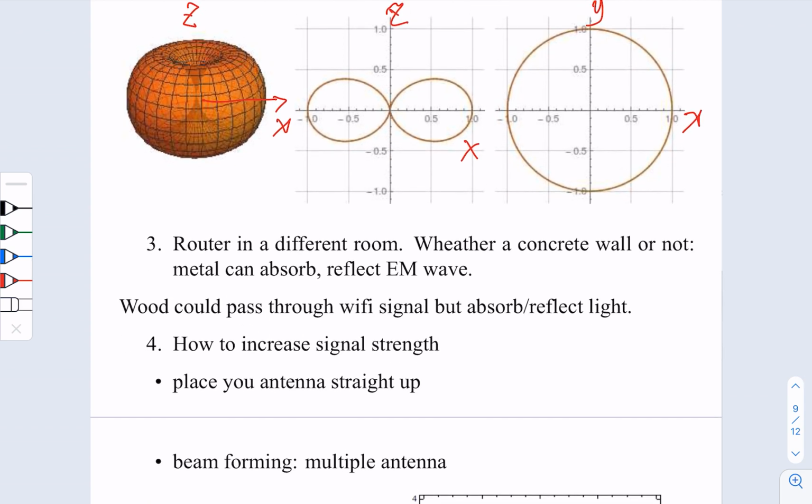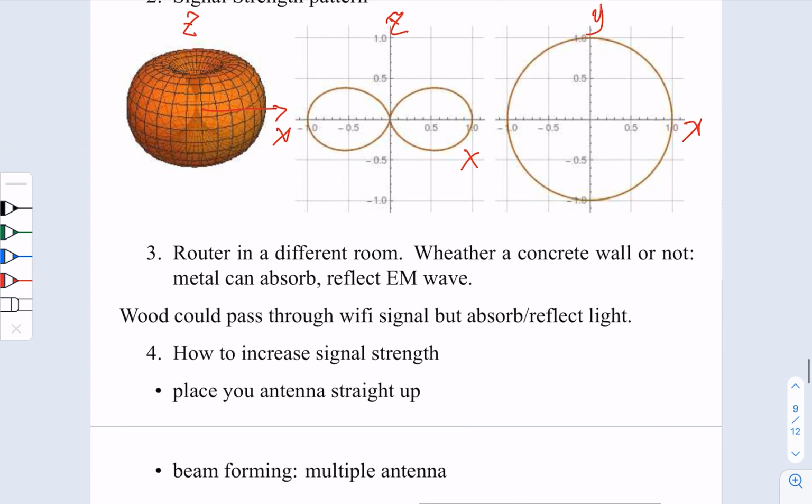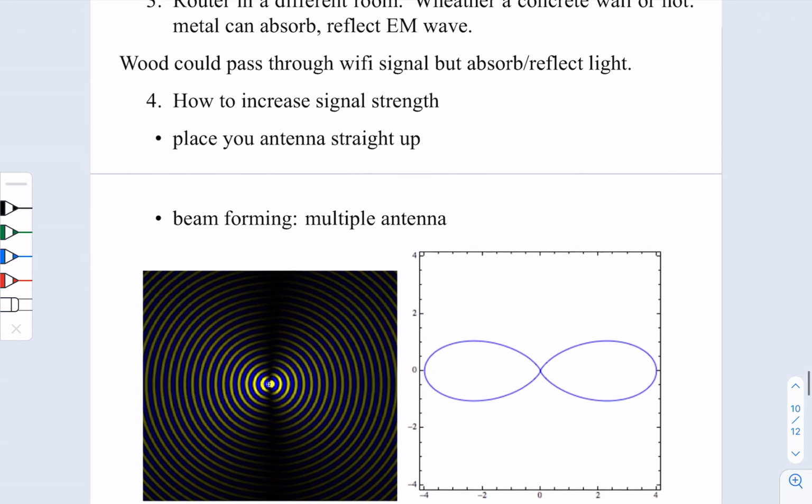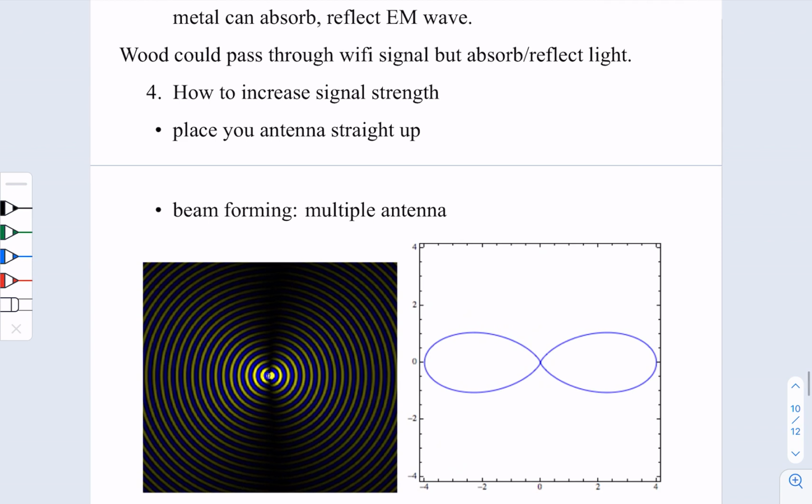So now another technique to increase the signal is something called beam forming. Beam forming means using multiple antennas. What I mean is that now imagine that you have not just one single antenna, but two.